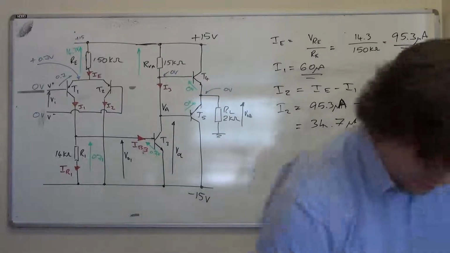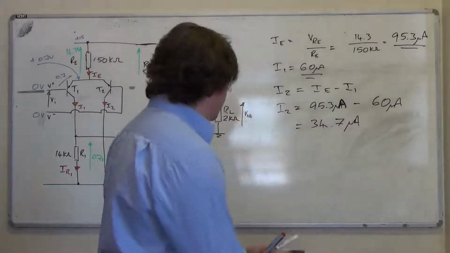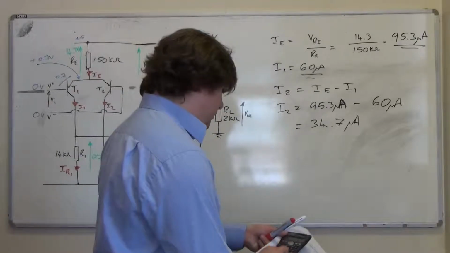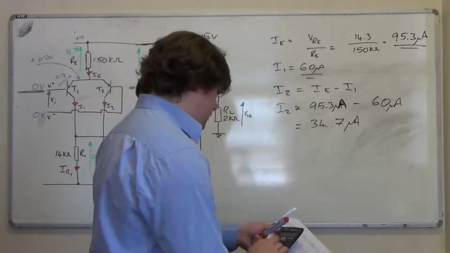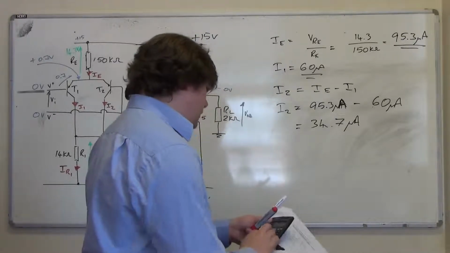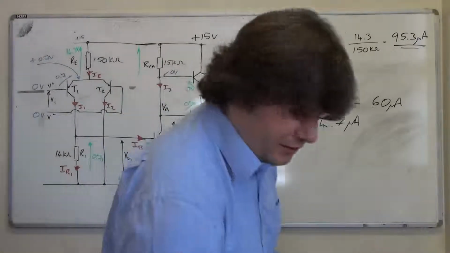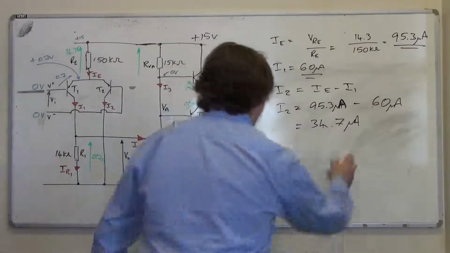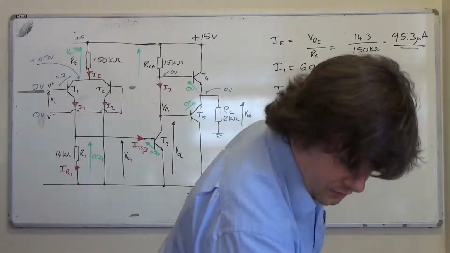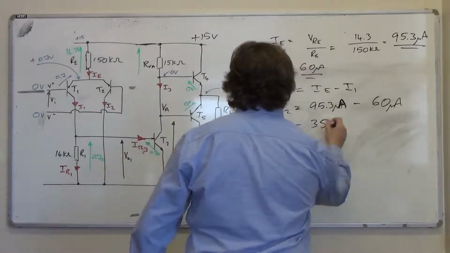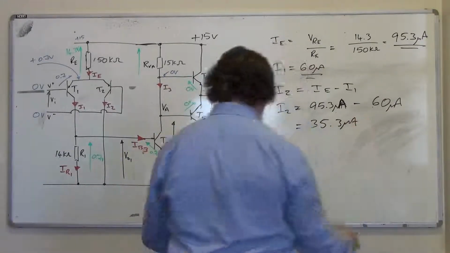How did I do that wrong? So have a quick look, see if I can subtract properly. 95.3 E minus 6, minus 60 E minus 6, 35.3. Yes, apparently I can't subtract properly. Never mind. 35.3 microamps.